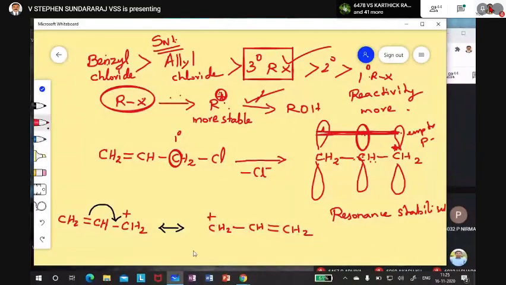Its electron is going to the other side. And what is the resonance hybrid? CH2, single bond CH, single bond CH2, and that resonance runs from this carbon to that carbon. It is called the resonance hybrid, and the positive charge is shared.